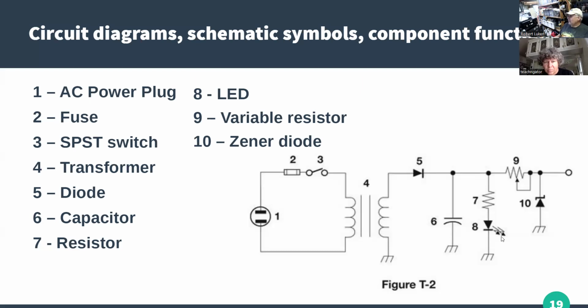So it's a diode, and we have these little lightning type things showing the light coming out. 9 is your potentiometer or variable resistor. And 10 is that Zener diode we talked about. They're purposely made to operate backwards, and they will Zener or avalanche at a specific voltage.